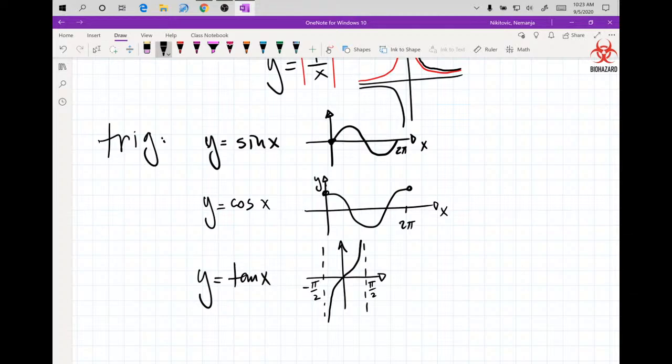And then we have the other 3 functions. Now you will find that secant is used a lot in calculus. Not just Calc 1, Calc 2 and Calc 3. So secant is going to be used as much as sine and cosine and tangent. That function is insanely important. Now, cosecant and cotangent are barely seen.